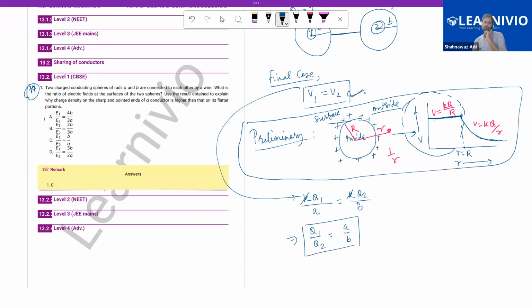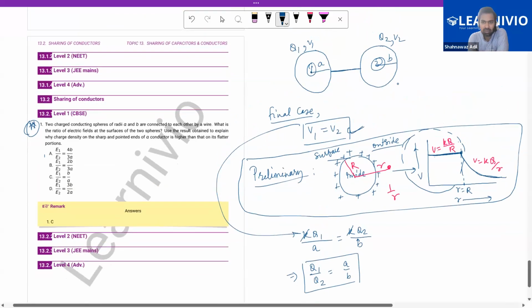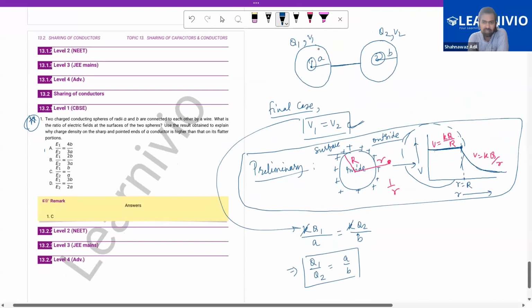Is it clear? Yeah, I can explain this thing again if you say so. Did you understand this part? So we are calculating the potential at the surface.